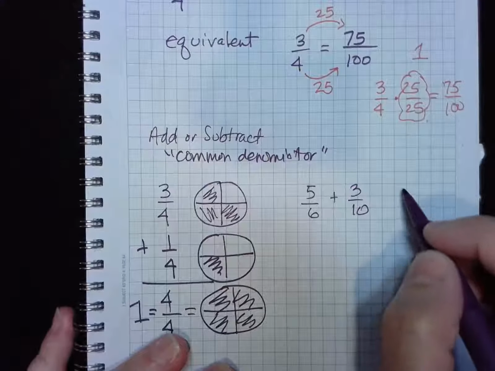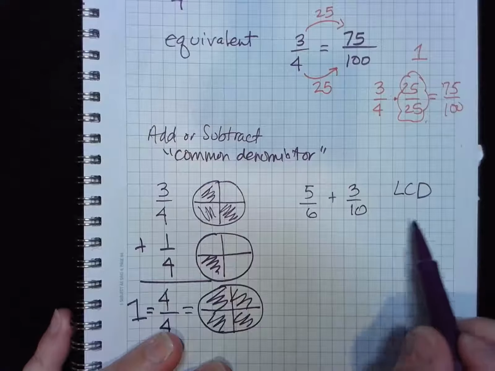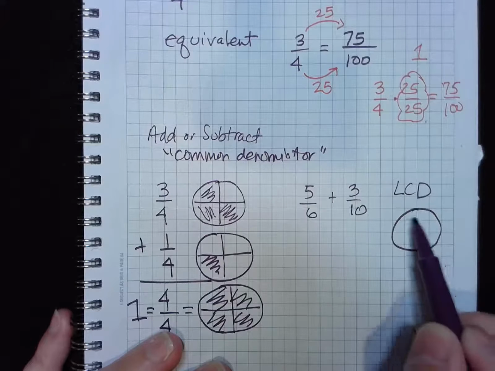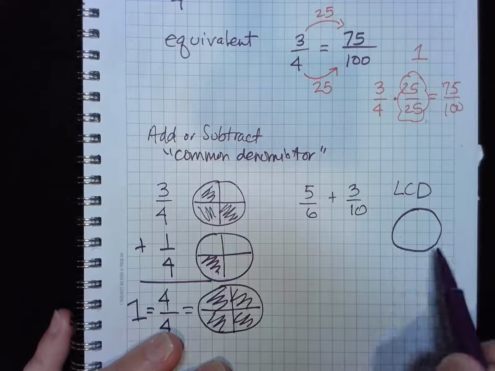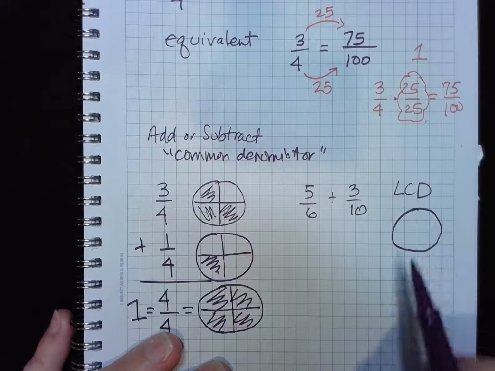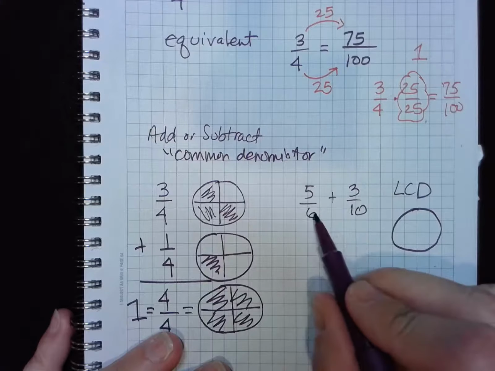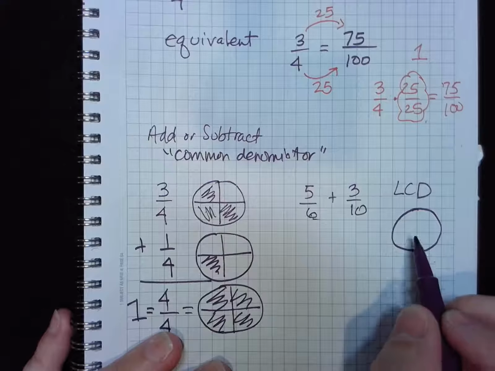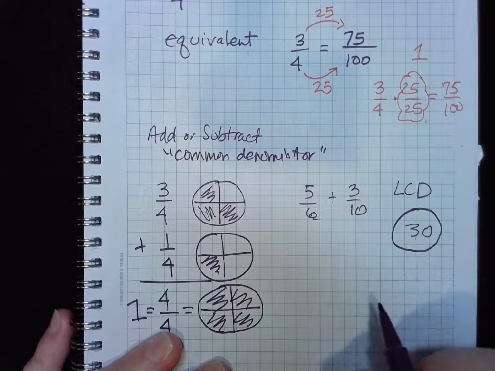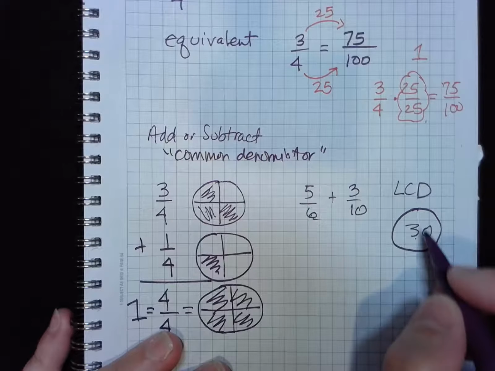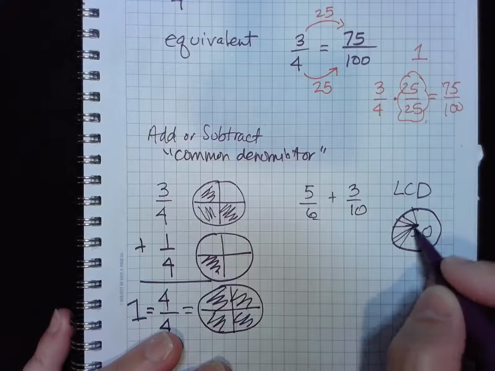So that's what we call a least common denominator. What we're trying to do is figure out what I can divide this circle into so that 6 would go into that and 10 would also divide into it. So we have to find a number that 6 and 10 both go into, and that would be 30. 6 goes into 30 5 times and 10 goes into 30 3 times. So we would have to divide this circle into 30 little skinny pieces.